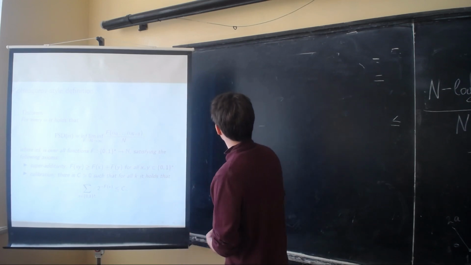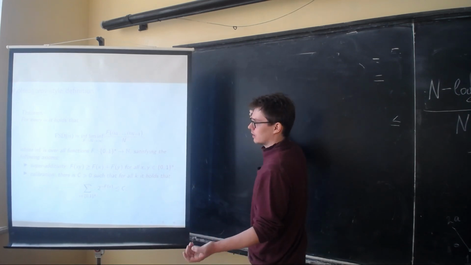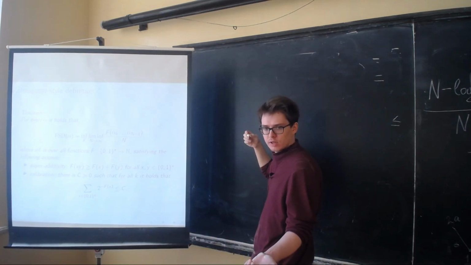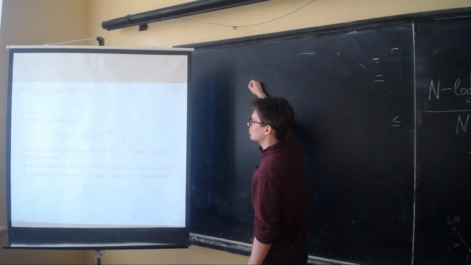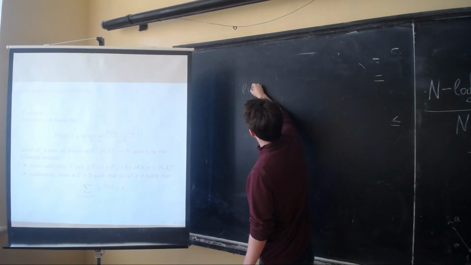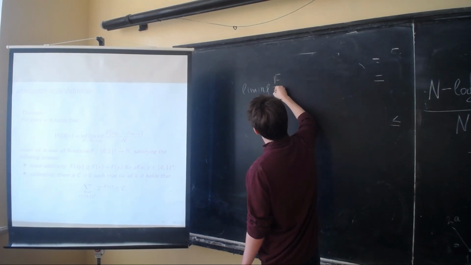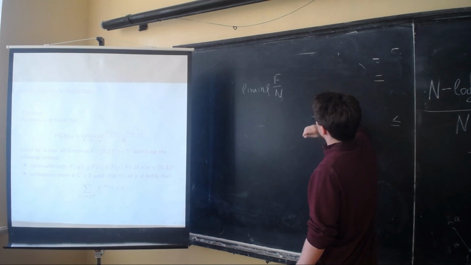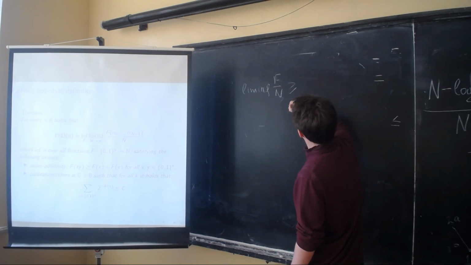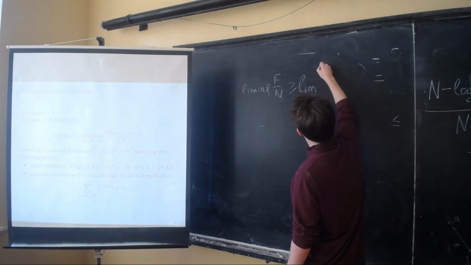Namely, I can now use a limit definition of finite state dimension. So I will show that lim of f over n, it's not very correct, but is at least lim of block entropies.